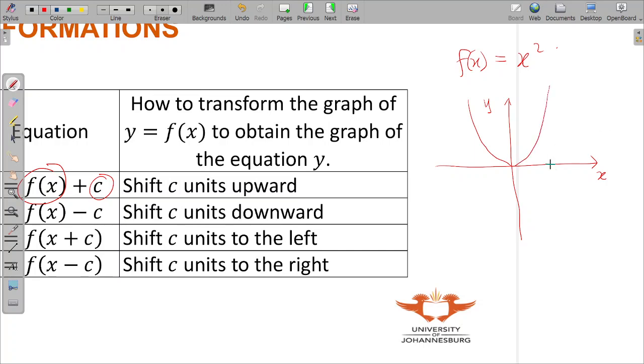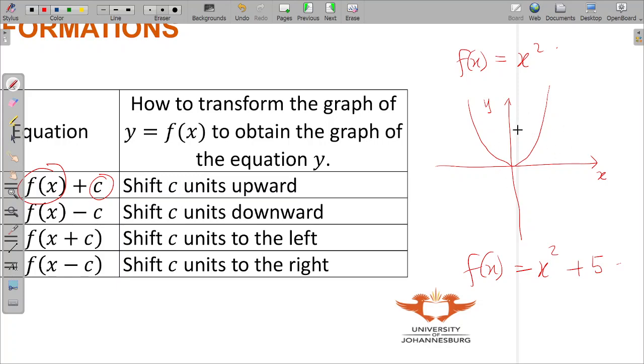Please make sure you label appropriately whenever we are drawing this transformation and this graph. It is very important that you also draw the basic graph first. So don't draw the transformation on the same graph. We want it on a separate graph. So now I want to do this transformation, x squared plus 5.